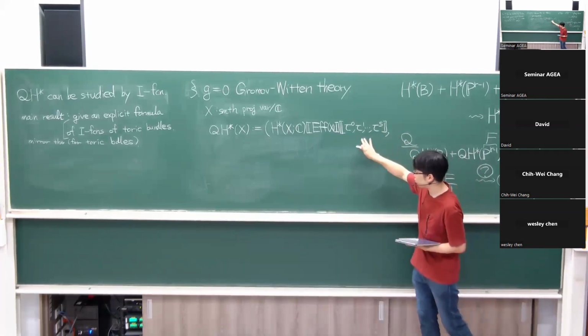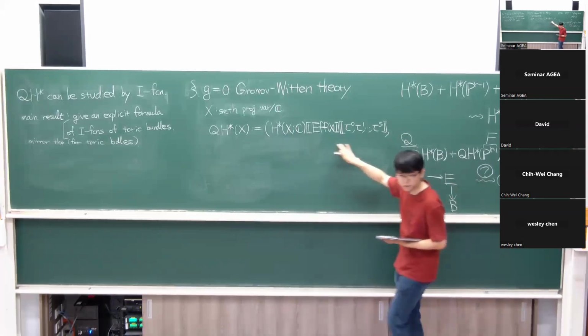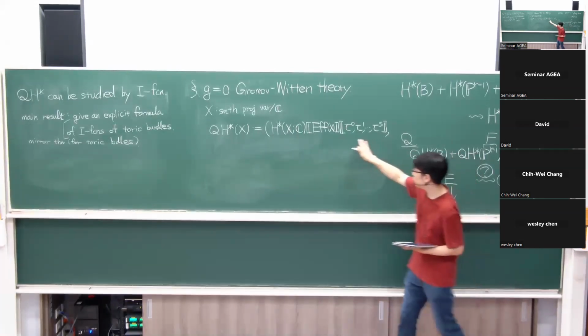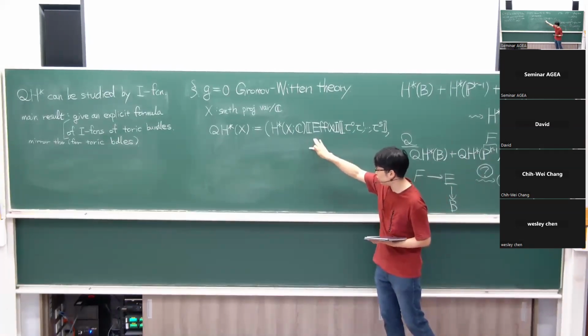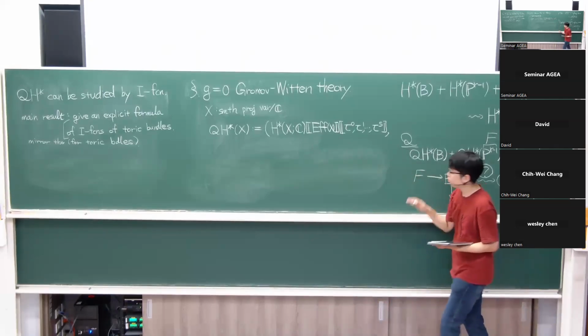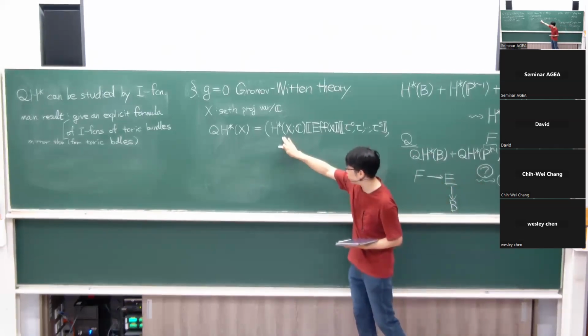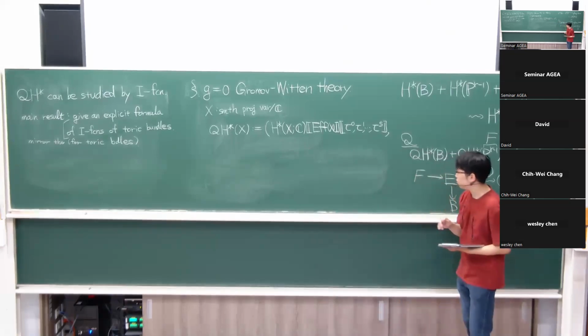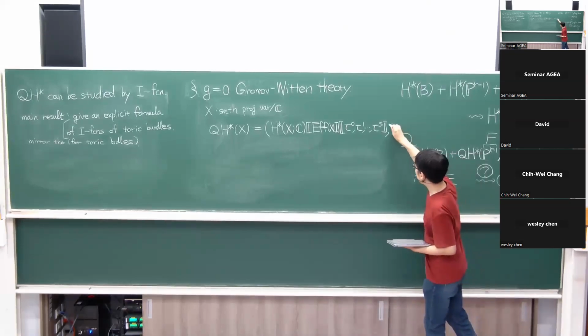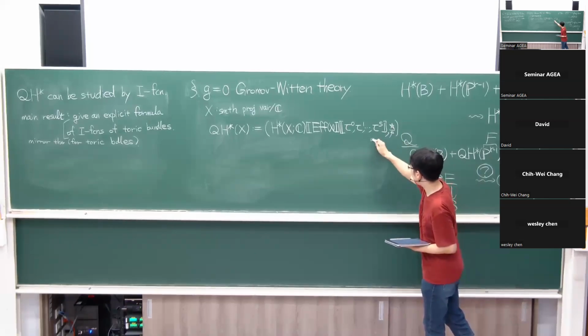As I said, quantum cohomology is this set, endowed with a ring structure induced by the ring structure of usual cohomology, but we define another ring structure here. Star denotes the quantum product.